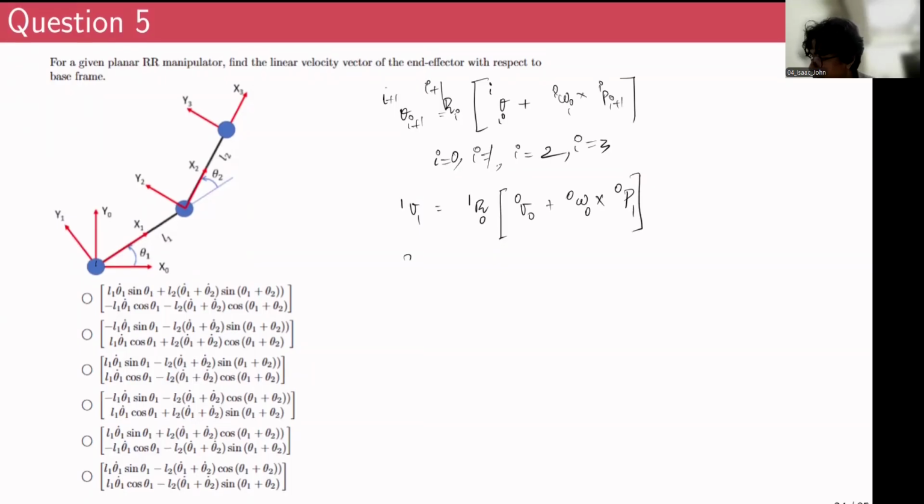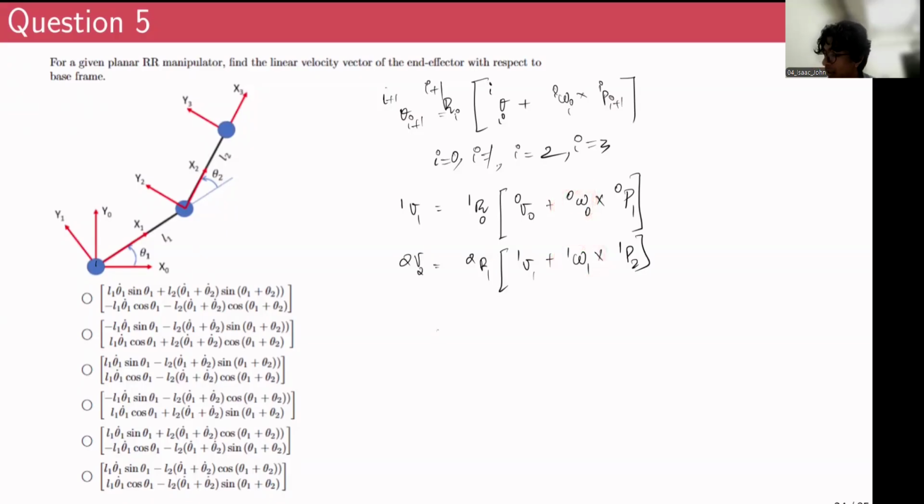And similarly, 2V2 would become 2R1 multiplied by 1V1 plus 1 omega 1 cross 1P2. And all the way up to 3, you can propagate the velocities, and these terms are basically unknown.